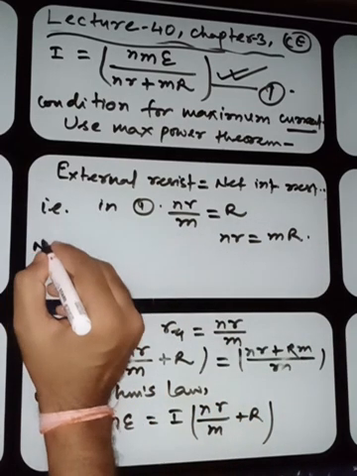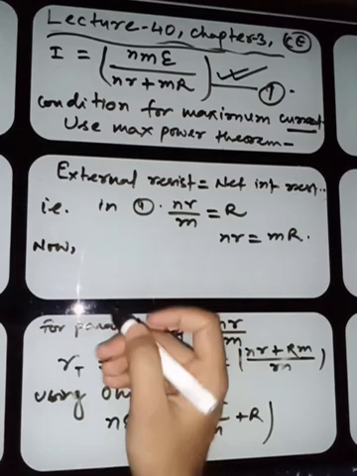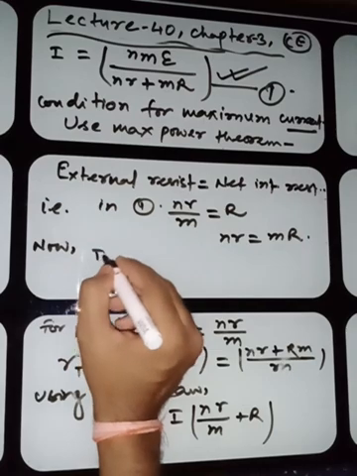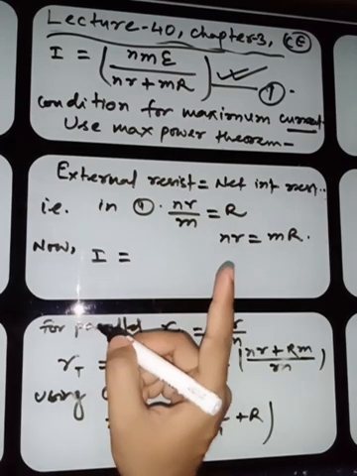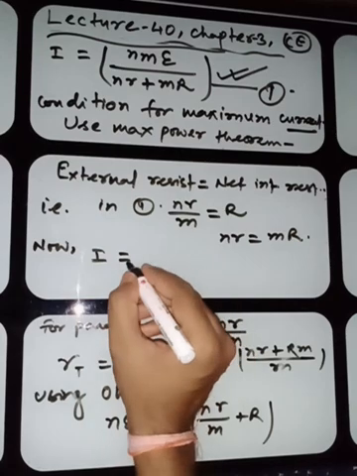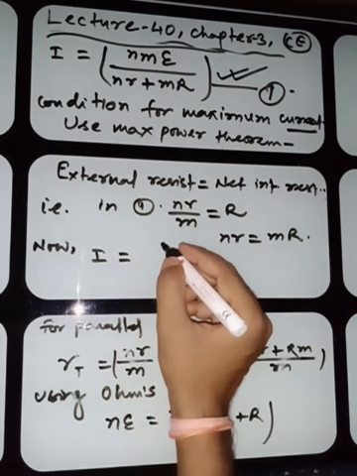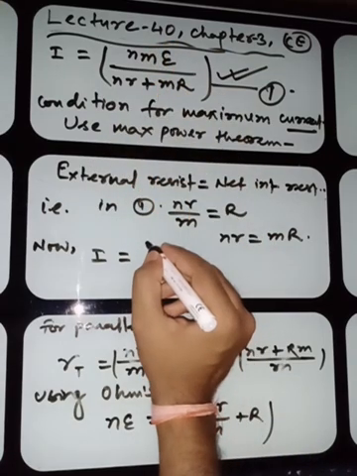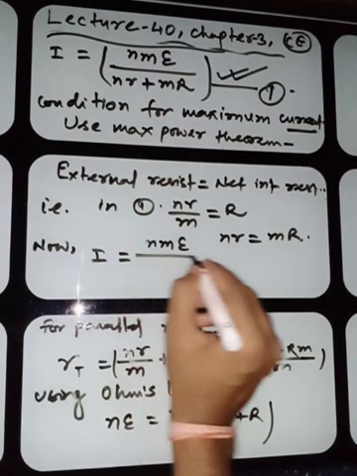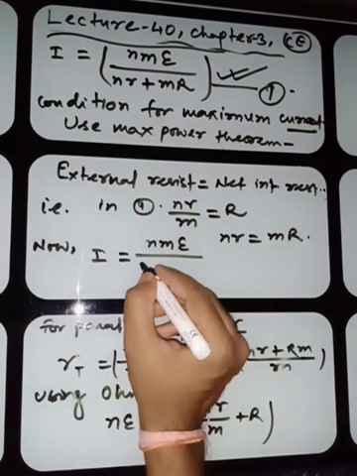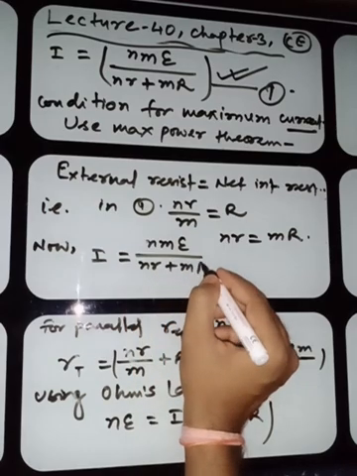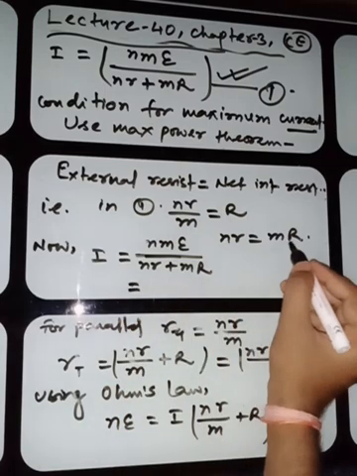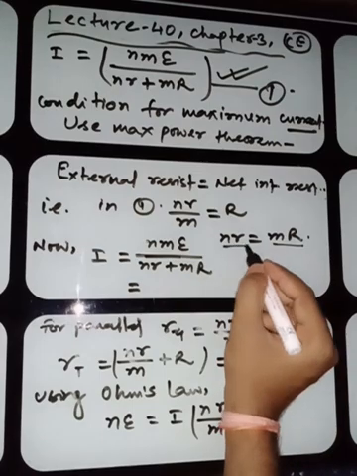Now we have to find the current. These are the values you can put. Now current I, we have to find the maximum current. The current, what was the formula? I is equal to NME divided by NR plus MR. Now look here, you have to replace this MR by NR.